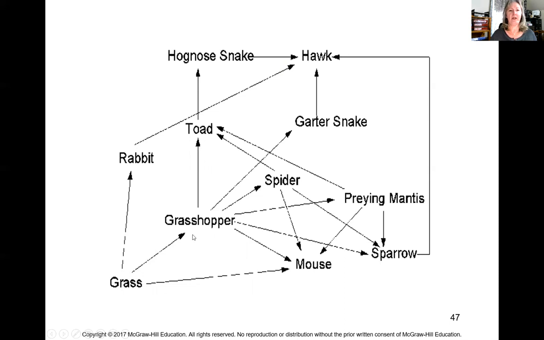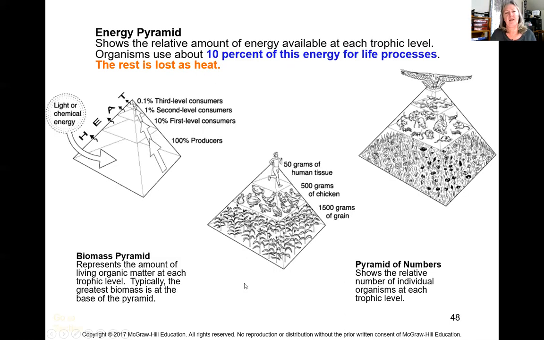So primary consumer, secondary consumer, tertiary consumer. As you go up through, primary is 1, secondary is 2, and tertiary means 3. So this is an energy pyramid.